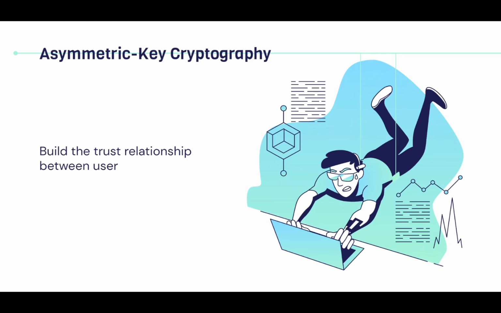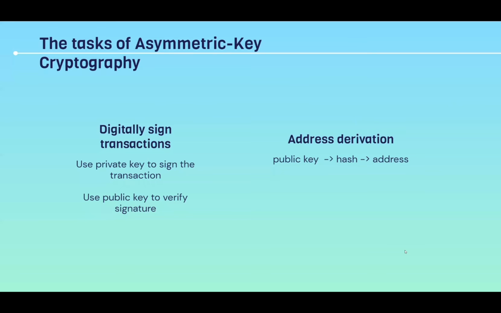A user can use the public key to encrypt the message, and only the user who owns the private key can decrypt it. And the user can use the private key to encrypt the message, and others can use the signer's public key to decrypt and verify the signature. Asymmetric key cryptography provides a mechanism to verify the integrity and authenticity of the message while allowing the message to remain public at the same time.